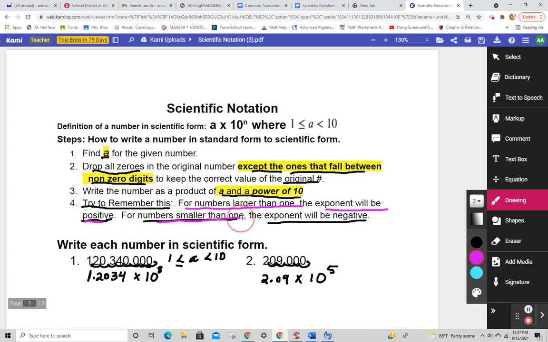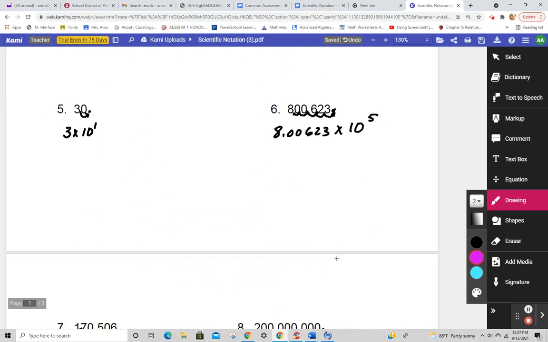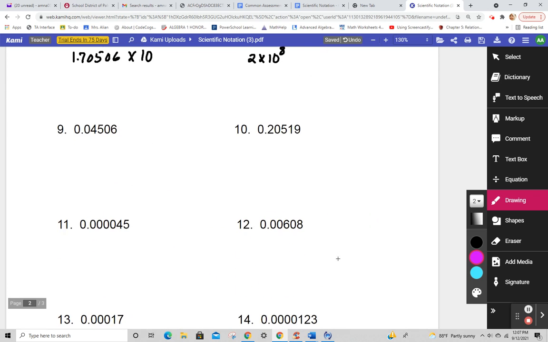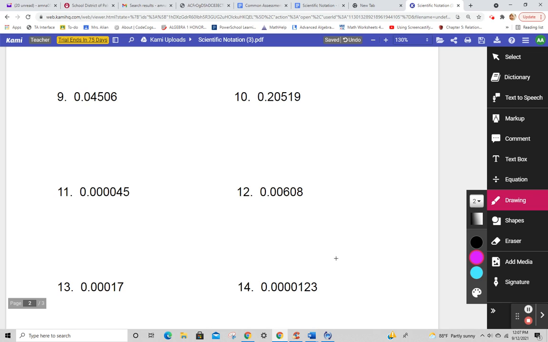For numbers smaller than 1, the exponents will be negative. Okay, so now let's go back and look at those numbers. They're all smaller than 1. So then we should expect our exponent to be negative. All right, that should steer us in the right direction by knowing that.